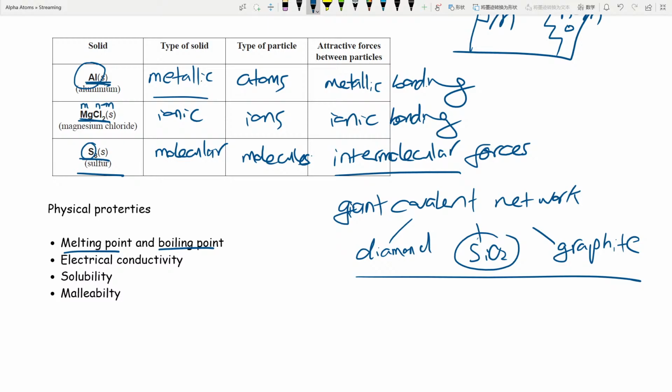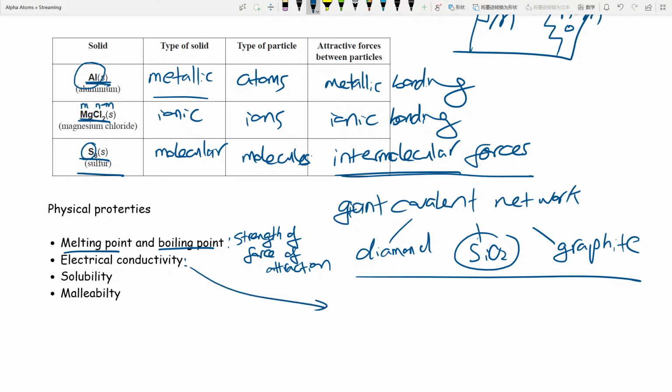Therefore, you require lots of heat to break that apart, compared to sulfur, which is held together by weak intermolecular forces, which doesn't require a lot of energy. Hence, you have a really low boiling point or melting point. You need to compare the strength of the force of attraction, not the bond.